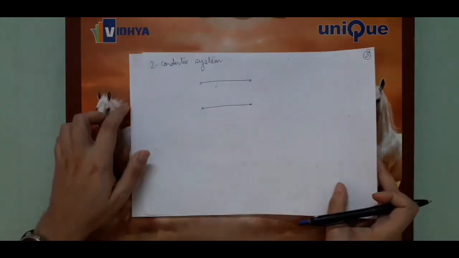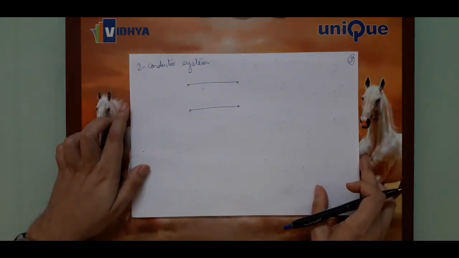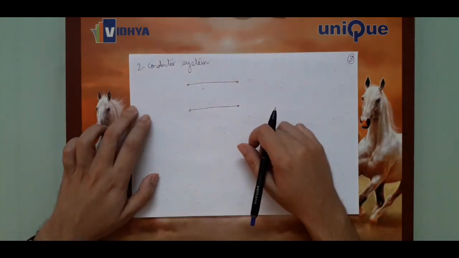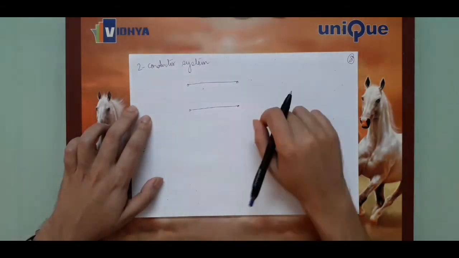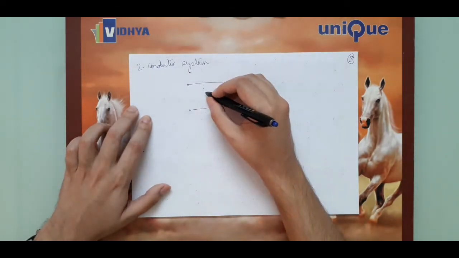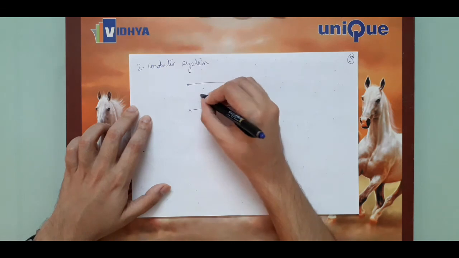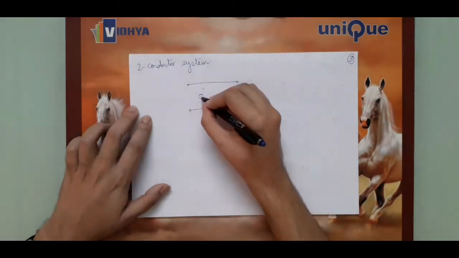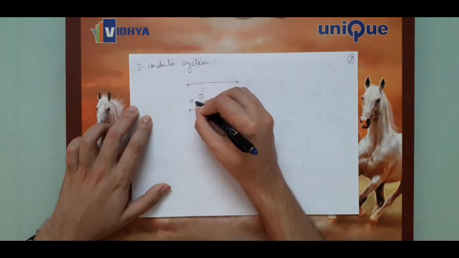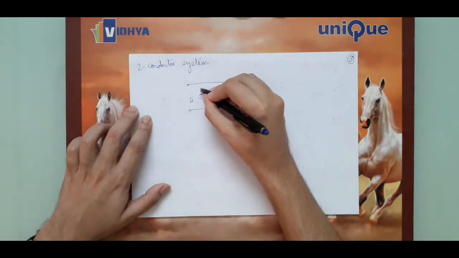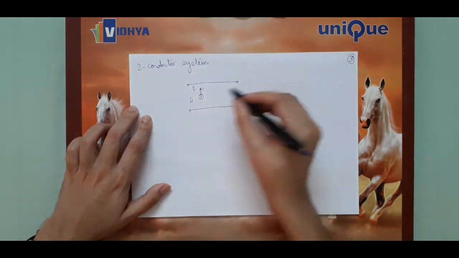So now let us say I have a transmission line and there is some electromagnetic field inside it. I want that it should travel using the TEM mode of propagation. So what essentially happens is the H field is perpendicular to the plane of the paper and the electric field is like this.